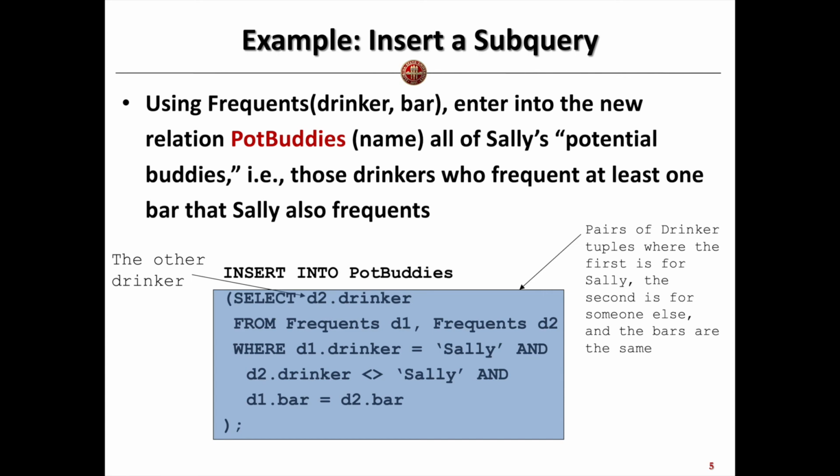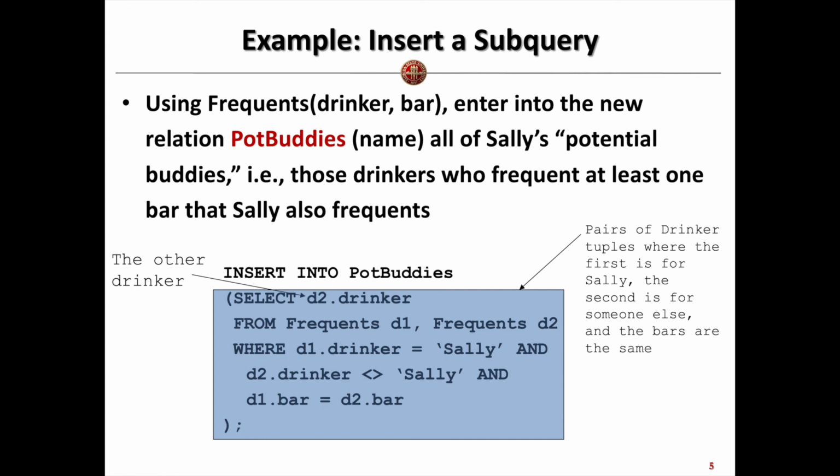So if we want to do a query like this, then we have to use subquery to help us, right? So to insert these kinds of data into these potential buddies in the new relation or new table, we have to get all the potential buddies of Sunny, right? How can we find the drinkers who frequent at least one bar that Sunny also frequents?